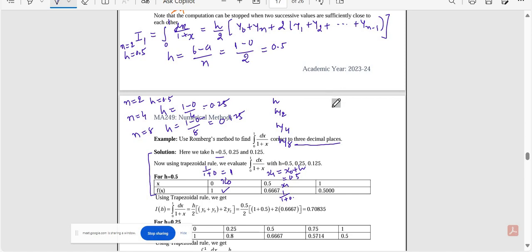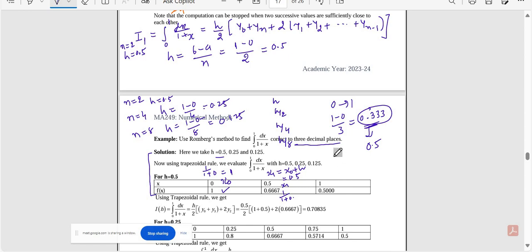If 0 to 1 is there and I break it into 3, then that gives me 1 minus 0 by 3, so this will give you 0.333, which is more complicated. That's why we are considering it this way. If you go with 0.3333, then it is okay, no problem.